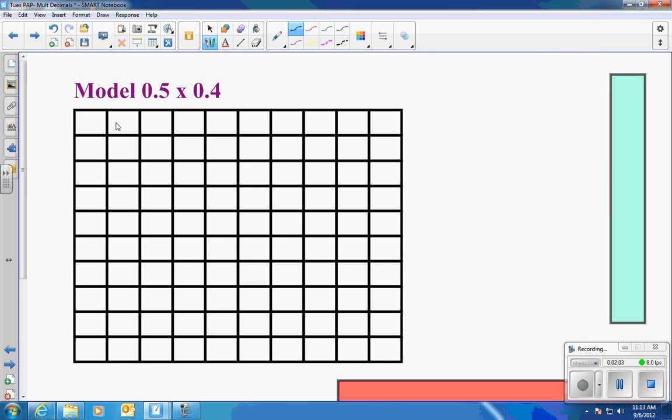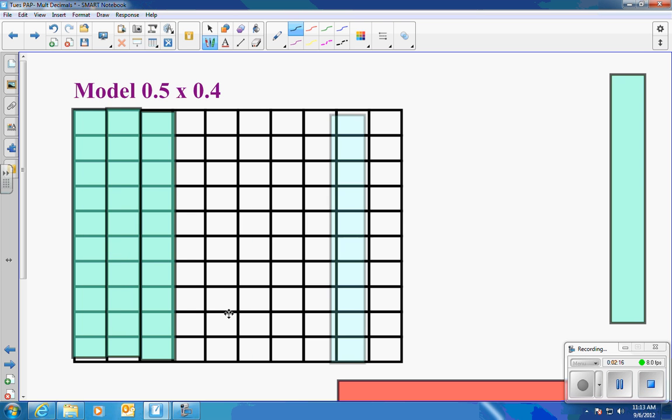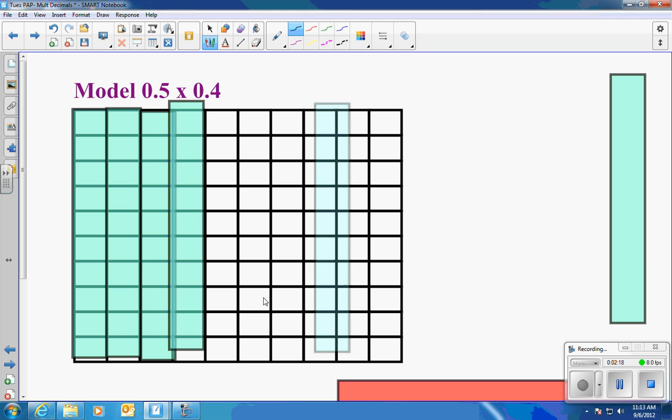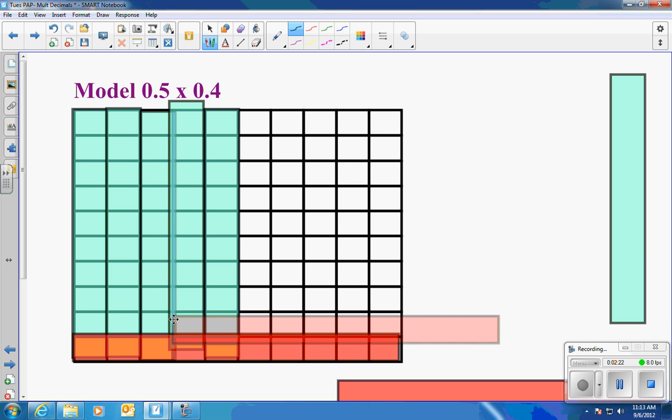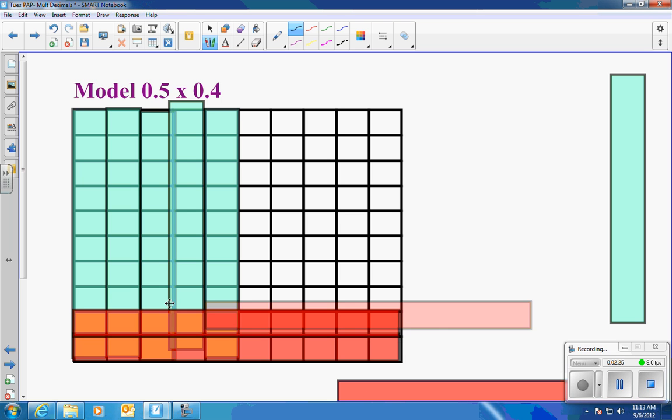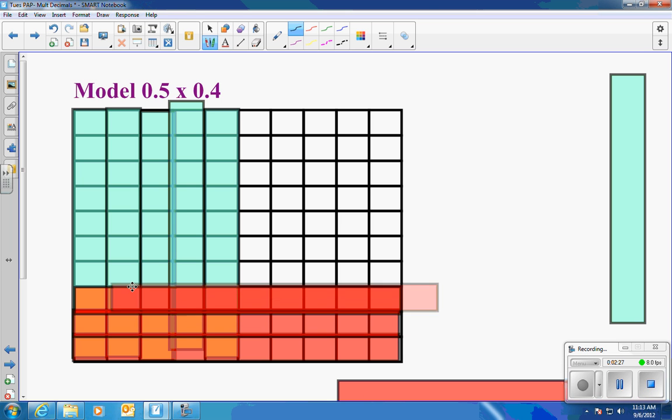This time we're doing 0.5 times 0.4. So that's 5/10. So I'm going to do 1, 2, 3, 4, 5, and then 4/10. So 1, 2, 3, 4.